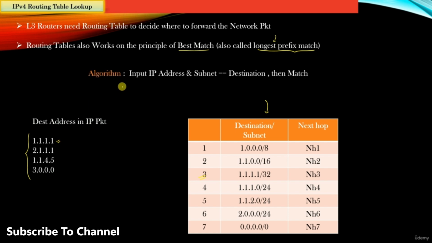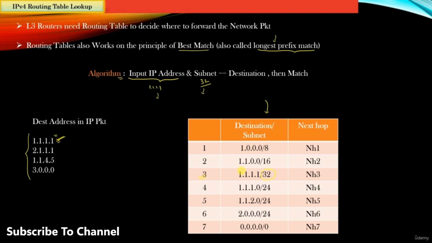So there is a general formula. Use this algorithm to determine whether a given IP address matches with the given route or not. You take the input IP address. In this case, I took 1.1.1.1, that is this one. This is the input IP address. Then take the subnet value of the route, which is 32. Of course, you need to express these values in binary form.